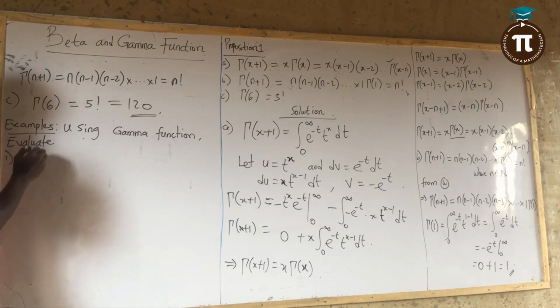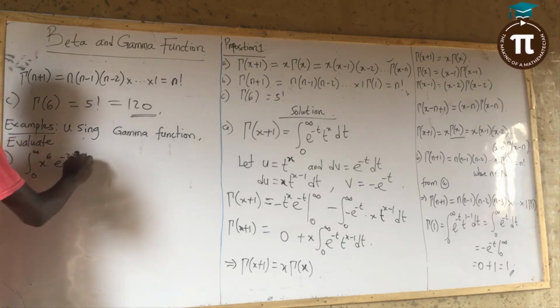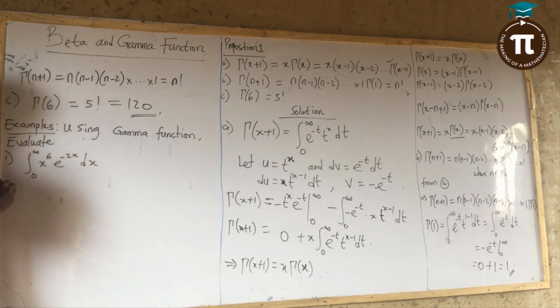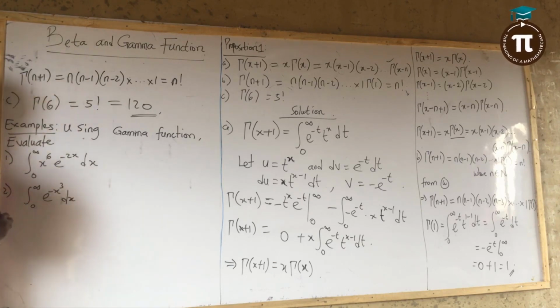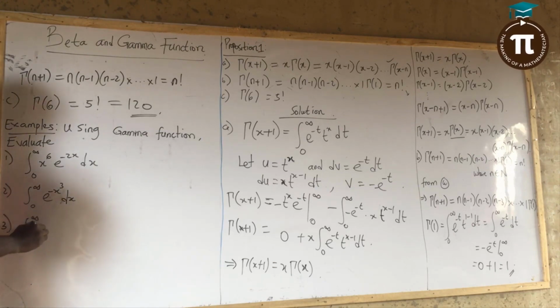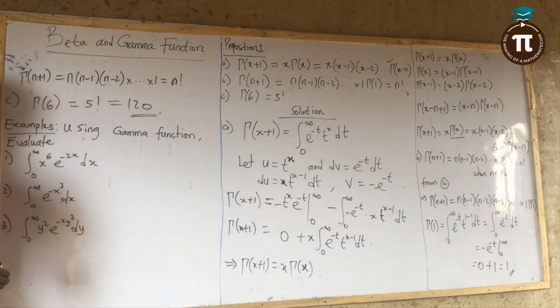Number 1: the integral from 0 to infinity of s^6 e^(-2s) ds. Number 2: the integral from 0 to infinity of e^(-s^3) ds. The third one: the integral from 0 to infinity of y^2 e^(-2y^3) dy.